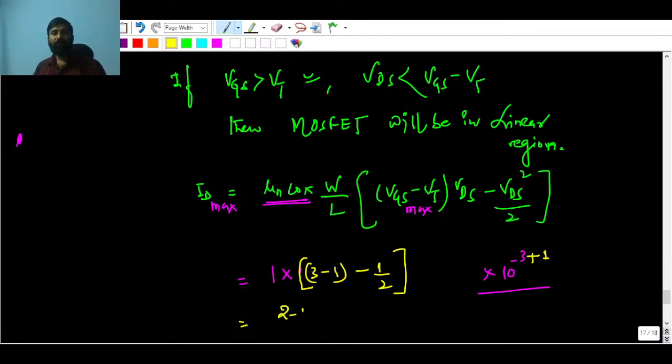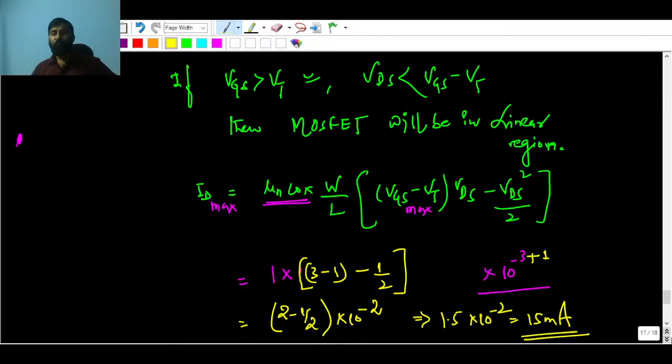This is easy without using a calculator. In fact, you can do it within one line, and this will be 10 raised to power minus 2. Further, if you solve, it is going to be 4 minus 1 by 2, 3 by 2. You can say 1.5 times 10 raised to power minus 2, or 15 milliampere.